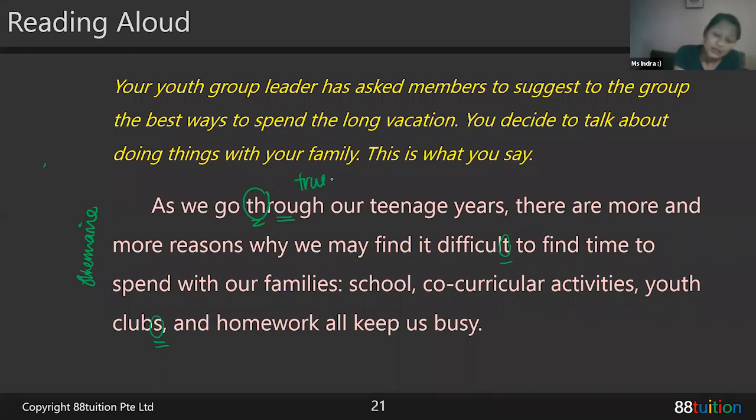I heard a true. As we go through, right? The TH sound will always be there. Students, remember that teachers love to test you on the TH sound, even though they themselves make mistakes when pronouncing it. Just remember that as we go through, we need to have our TH sound there. Charmaine, otherwise, very good effort. Thank you, sweetheart.